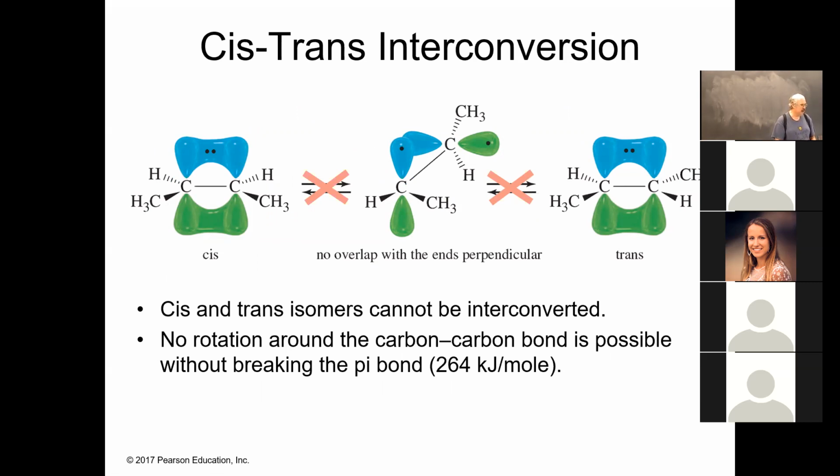You actually have to break the pi bond in order to convert from cis to trans, for example. No rotation is possible unless we apply very high energy ultraviolet light of about 264 kilojoules per mole.